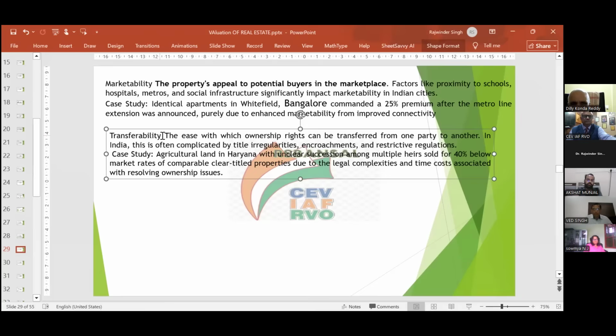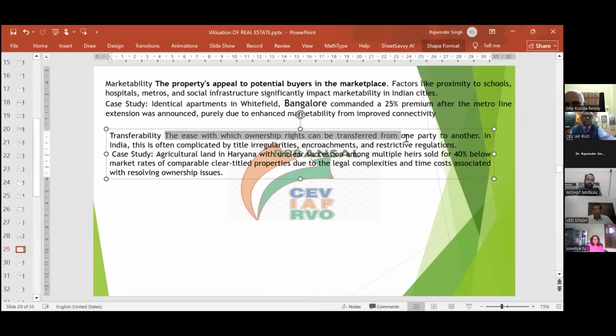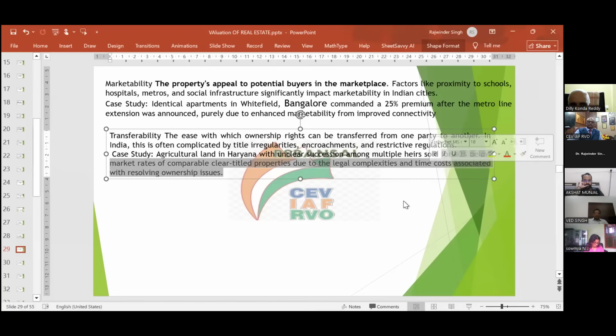It means the ease with which the ownership rights can be transferred from one party to another party. That is called transferability. So, for example, agricultural land in Haryana with multiple heirs sold for 40% below market rates of comparable clear title properties due to legal complexity and time cost associated with resolving ownership issues.